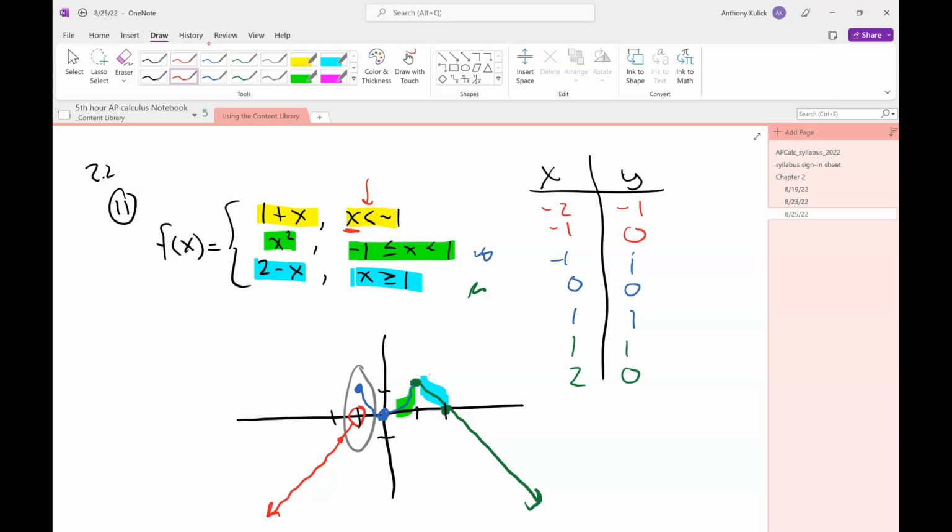Why did you plug in negative? Because I need to know where that graph stops, right? It's a straight line, so all I need is 2 points, but it's not going to be a straight line forever in that direction. It stops being a straight line at -1, so I need to know where that open circle is, where the end of this line is.